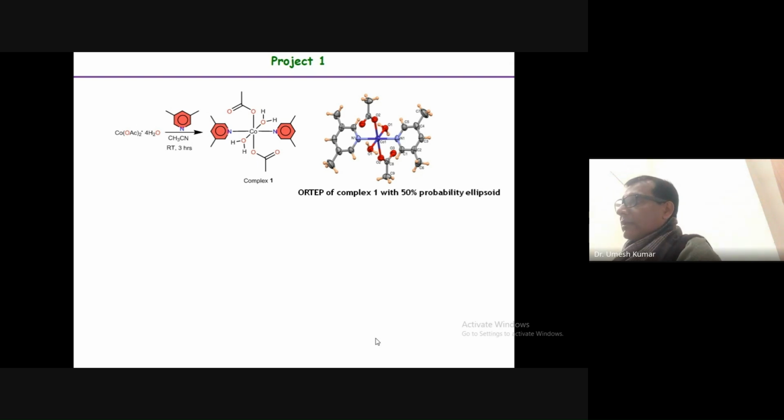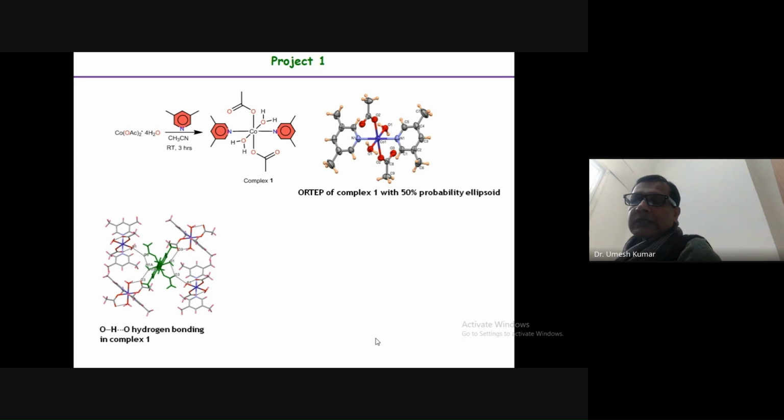These molecules are very simple, but they have the opportunity that 2 water molecules and 2 carboxylate oxygens are available for hydrogen bonding. So we have seen this supramolecular structure. These molecules extend with OH hydrogen bonding on all different sides.